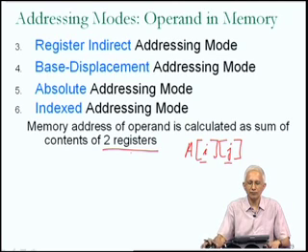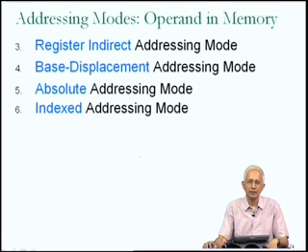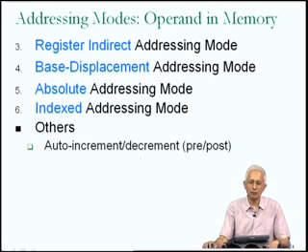Right, so these are the four main kinds of addressing modes for operands which are in memory, but there are others. So I will just mention some of them in passing. Now, one class of addressing mode which one may find in slightly more complicated computers, such as the RISC computers, is an addressing mode where there could be side effects of the operation of computing the address of the operand.